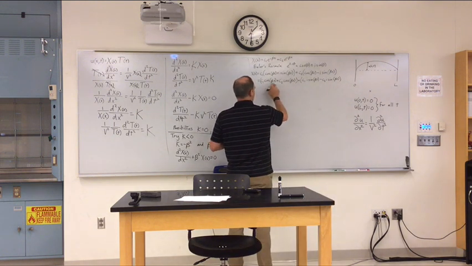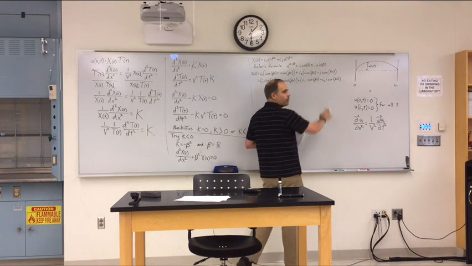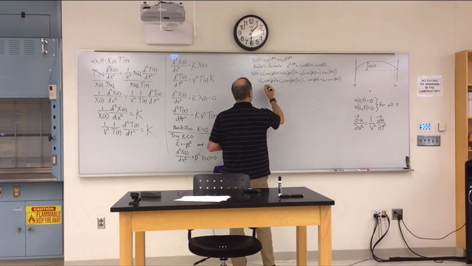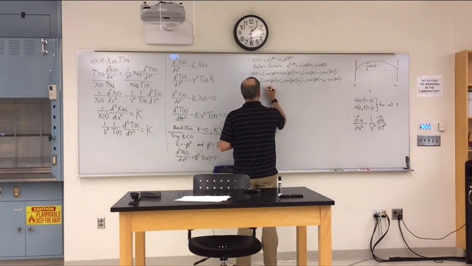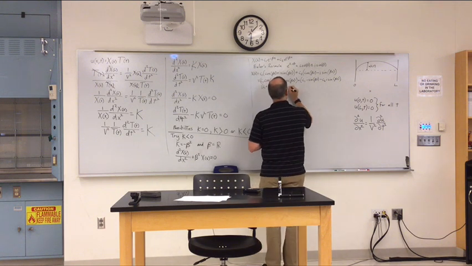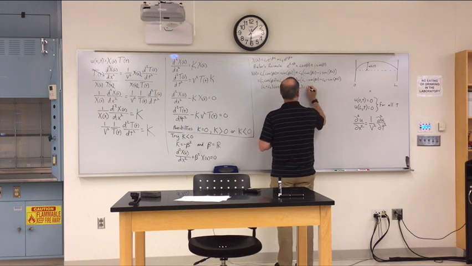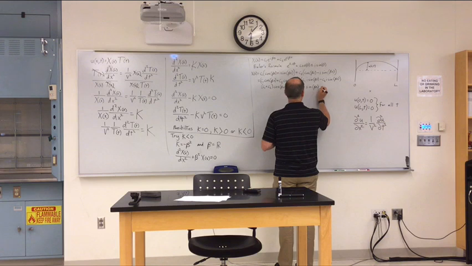Because we got cosine of beta x here and i sine of beta x here, we can pull the C's out to give us (C1 plus C2) cosine beta x plus (C1 minus C2) i sine of beta x.